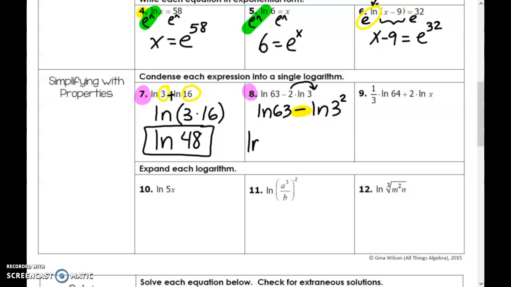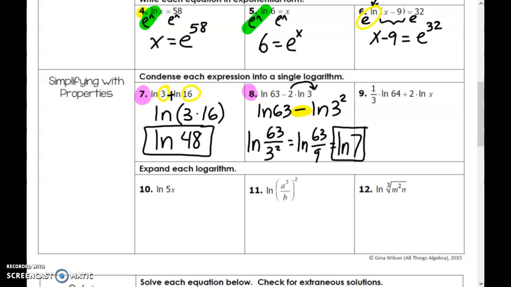So we're going to have natural log of 63 divided by 3 squared. That's the natural log of 63 divided by 9. And 63 divided by 9 is 7. So we have the natural log of 7 would be this one completely condensed.